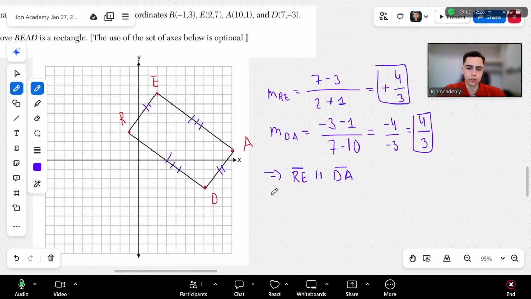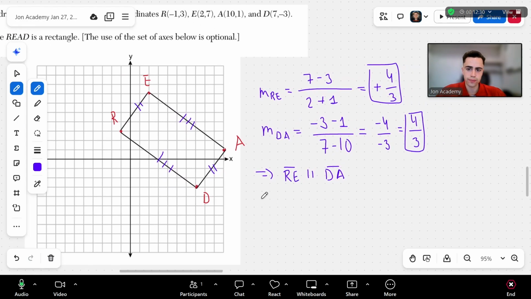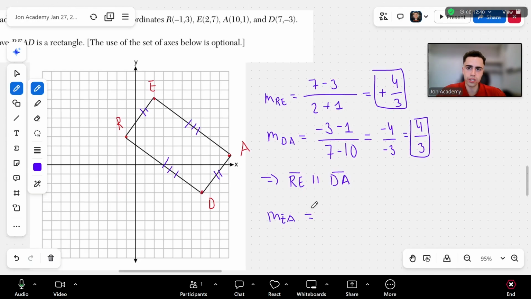And now let's go with the other two. We need to say that slope EA is going to be what? Slope EA is going to be 1 minus 7. Then we have 10 minus 2, no?